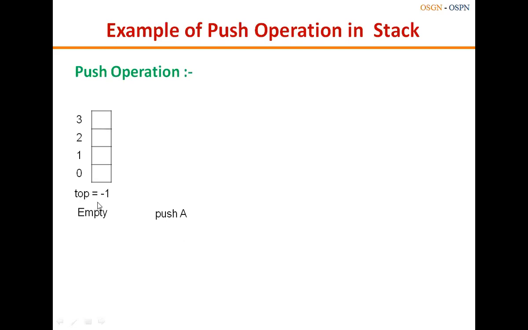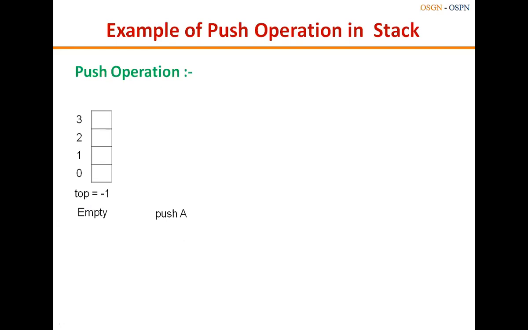Before pushing, what to do? Increase the top value. Yes, you have to increase the top value by 1. After that you can push. Remember, in the case of the push operation, if you want to push a data item, before pushing you have to increment the top by 1 first.